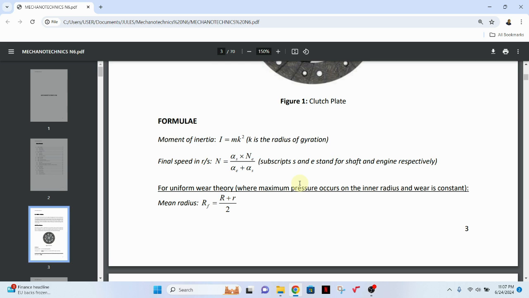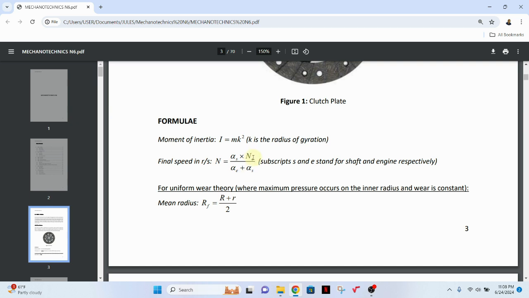Therefore, the final speed, which you see here in rotations per second, for a clutch is given by the angular acceleration of the driven shaft, alpha s, multiplied by the speed of the engine, which is given in rotations per second.